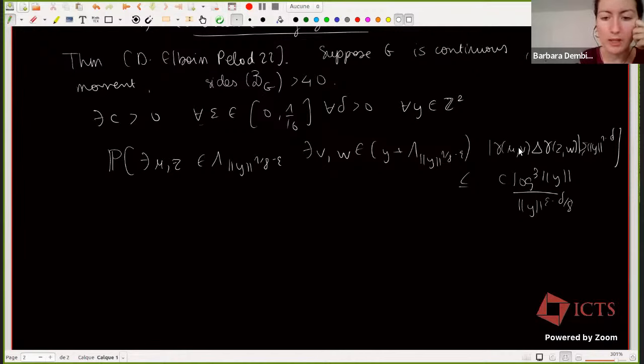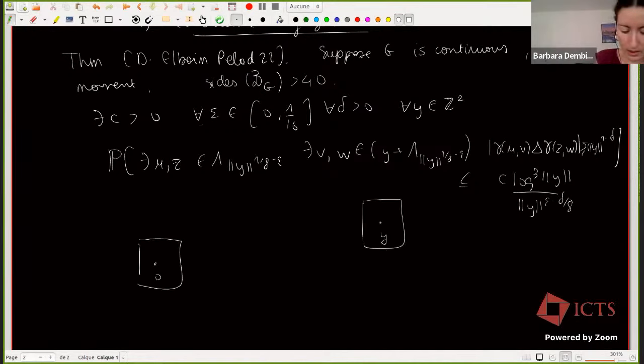It controls the portion they don't have in common, the geodesics. So we have 0 here, y here. This is a box of psi y, and same here.